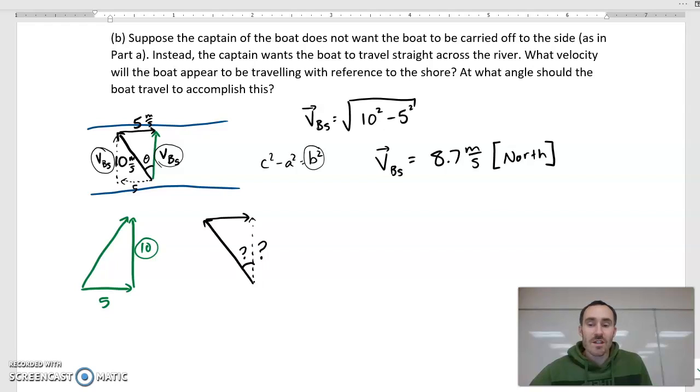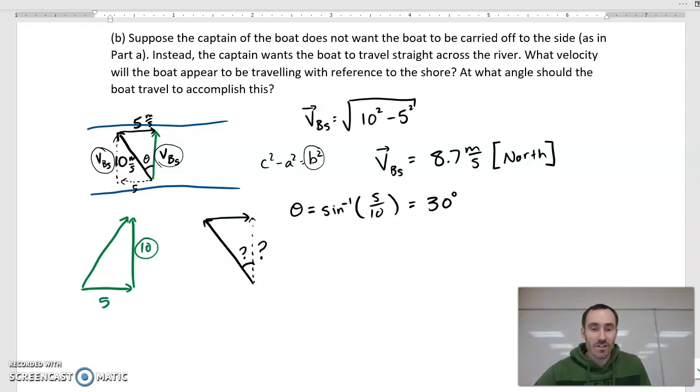Okay, so I'm going to use the inverse sine. Theta equals the inverse sine of opposite over hypotenuse, which is 5 over 10. And that equals 30 degrees. You may have that memorized, that 5 over 10 is 0.5, and the inverse sine of 0.5 is 30 degrees, or the sine of 30 degrees is 0.5.